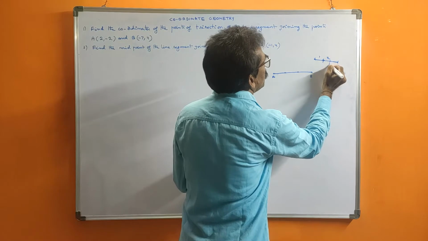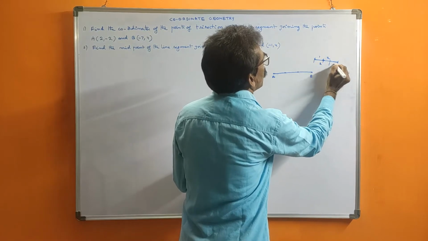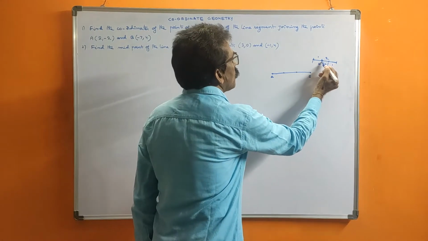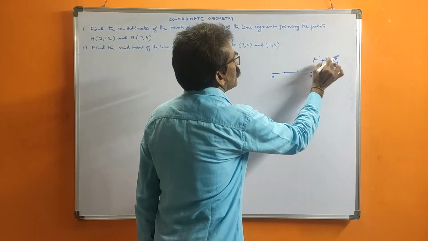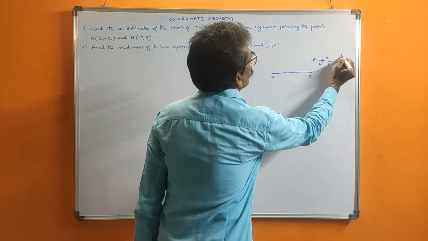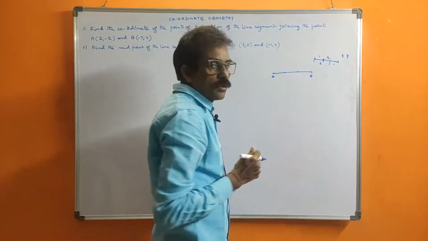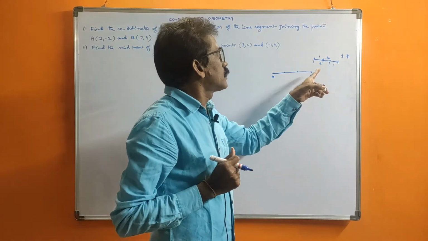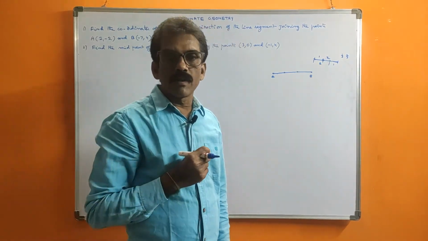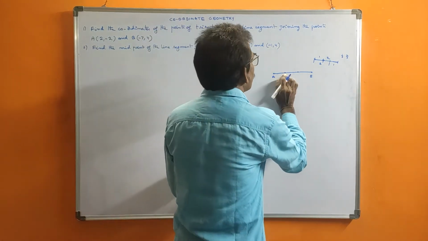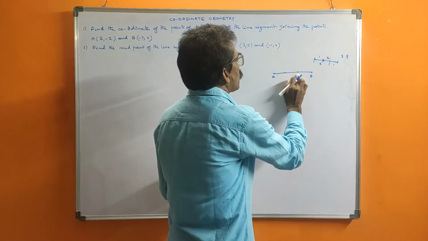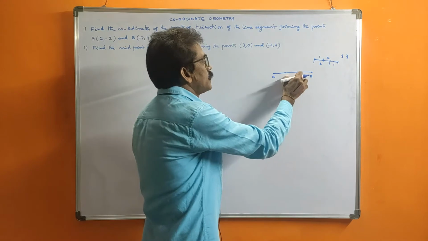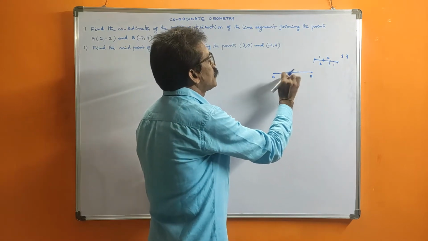The other point also divides the line: this side 2 parts, that side 1 part, so it divides the line into 1/3 and 2/3 parts. So it is making 3 parts. That's why there are 2 points of trisection. These two divide the line joining into 3 parts.